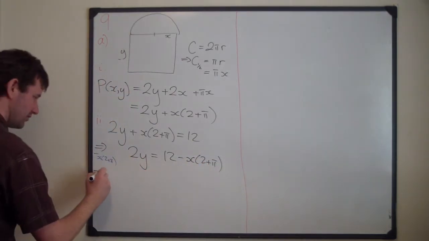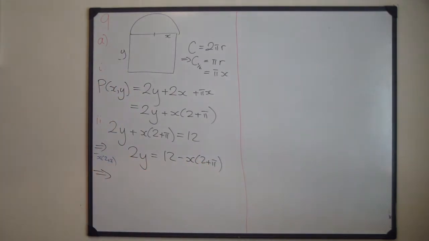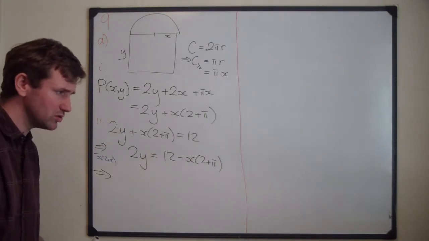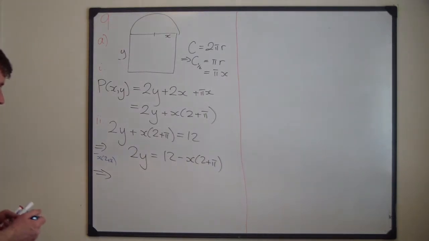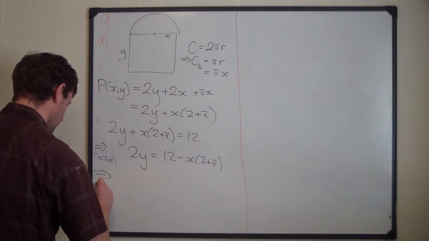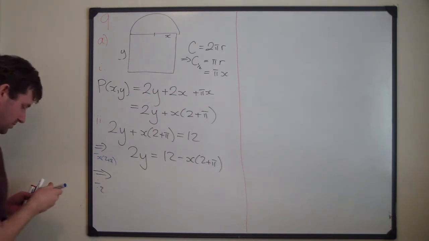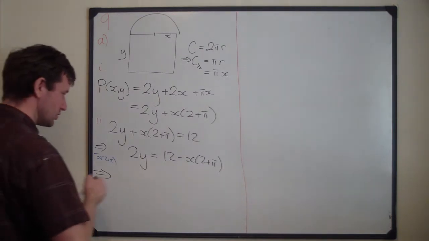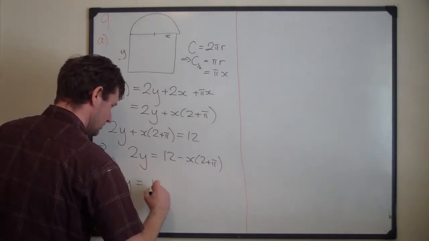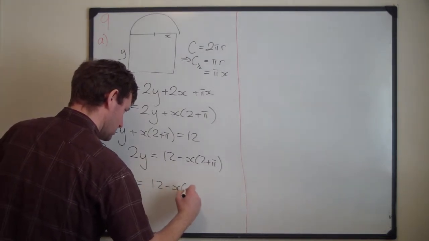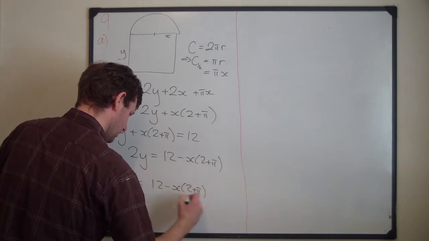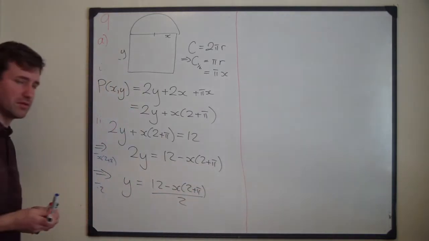And then I have a multiplied by 2, and the inverse of multiplying by 2 is dividing by 2. So I'm going to divide both sides by 2. It will get rid of the multiplied by 2, and I get y is equal to 12 minus x times 2 plus pi, all divided by 2, which is what the question was looking for.